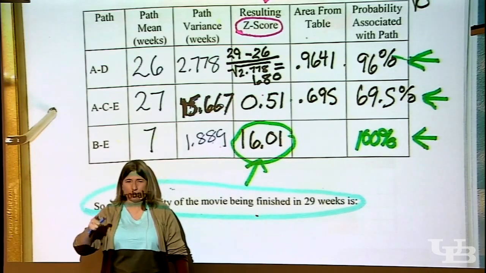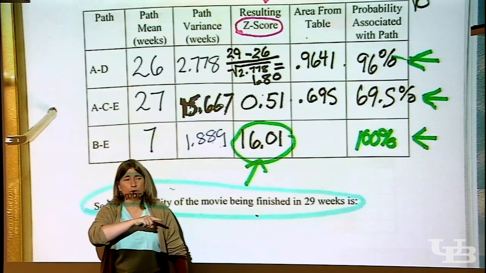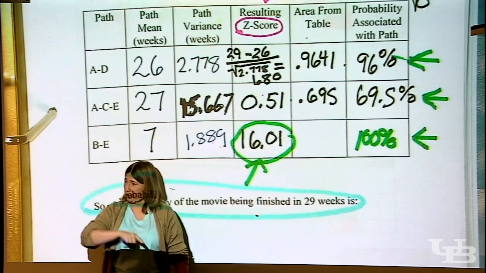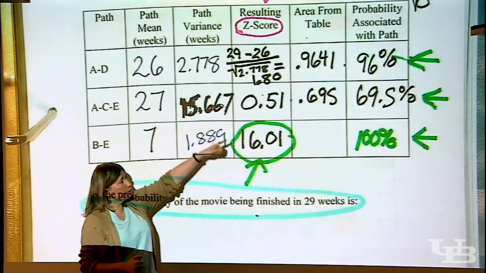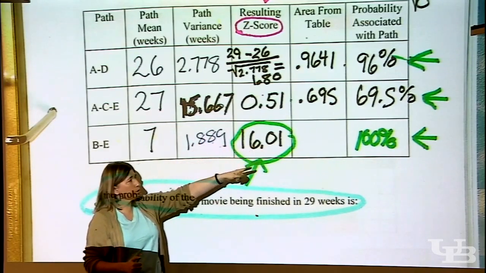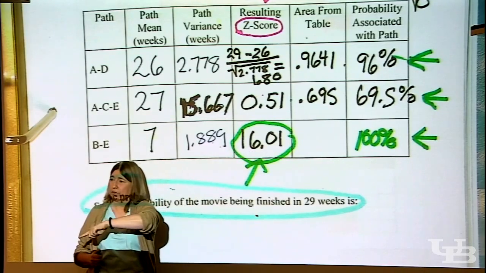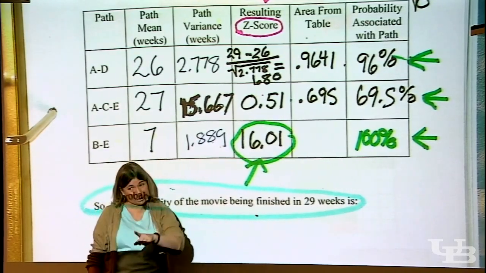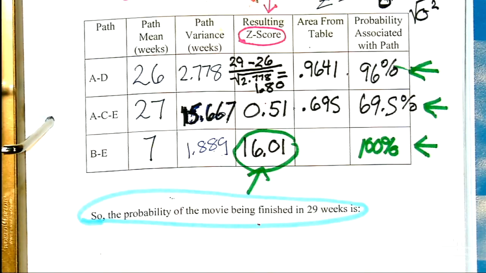The joint probability, the probability they'll all pay off, that each one of them will be okay, is their individual probabilities multiplied times each other. That's what joint probability is. One's got a probability of 96%, one's got a probability of 69.5%, one's got a probability of 100%. We want to multiply the probabilities times each other. That's the bottom line, the belief that all 3 of them will be successful.